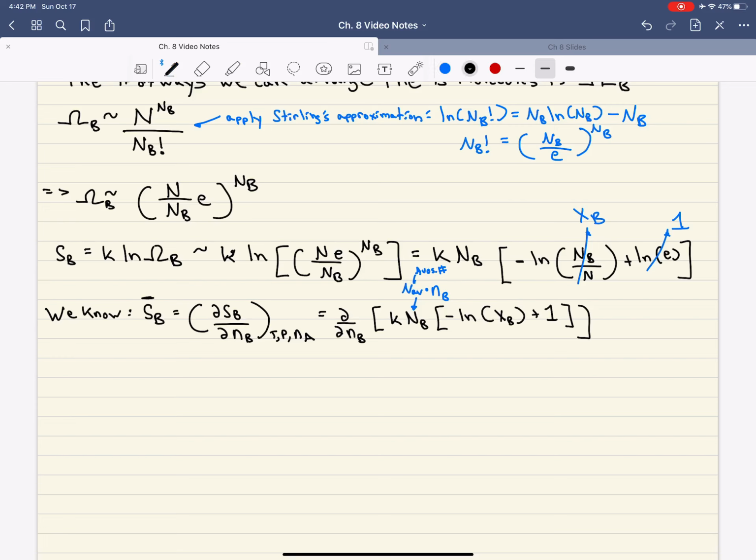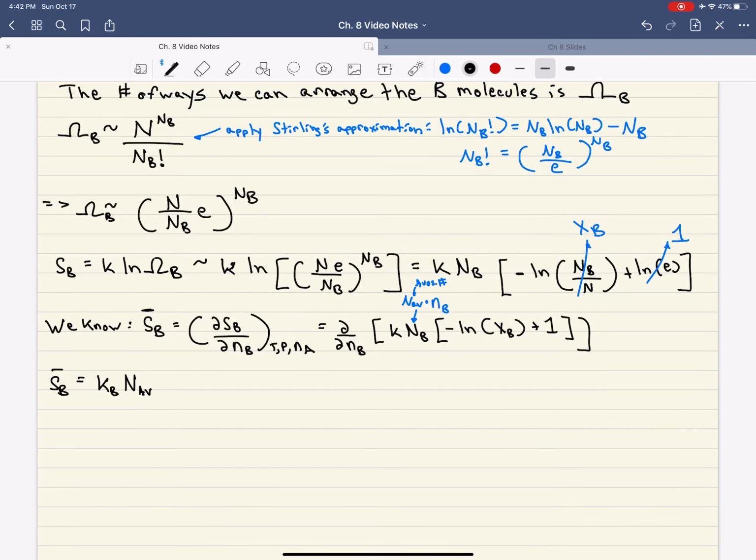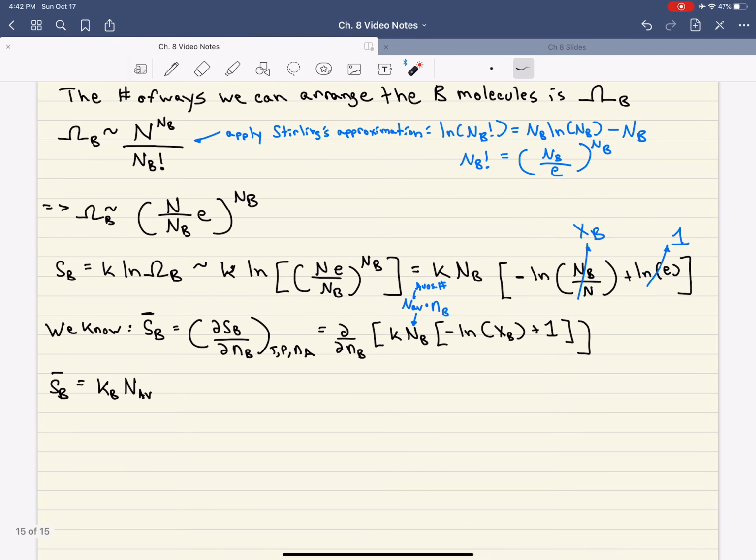And so our partial molar quantity SB is going to be equal to kB, Avogadro's number. And what I'm going to do, since we're taking the derivative with respect to NB, I should also mention that this mole fraction is also just NB over NA plus NB. So when we're taking the derivative, we have two instances of NB, or three, that we need to worry about.